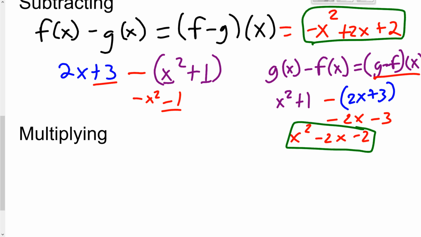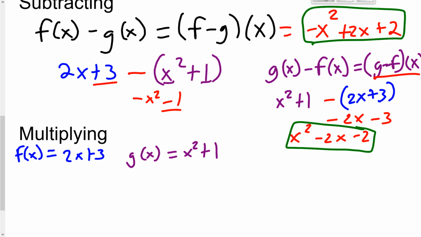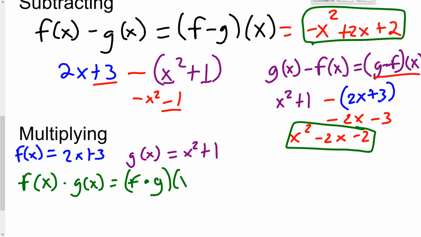Okay. Now when we multiply, here we have f of x and g of x. When we multiply f of x times g of x, we can rewrite that as f times, with a solid dot here, g of x, or we could do g of x times f of x.